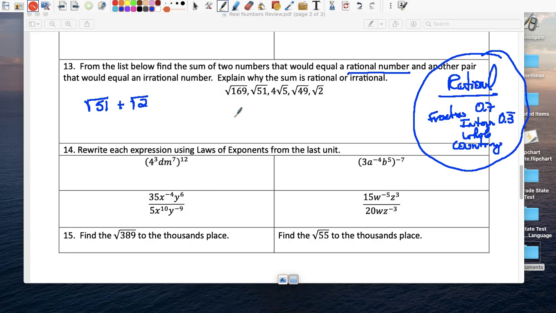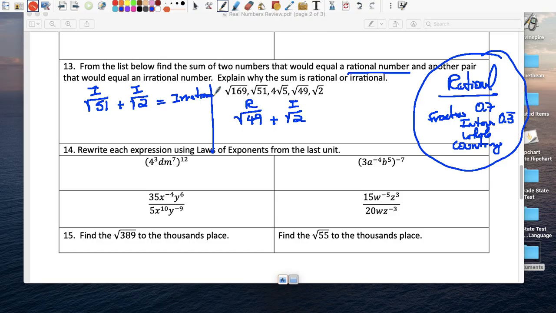Or you can pick something like this, a rational and an irrational. Either one. Well, let me write irrational plus another irrational, and then a rational plus an irrational. Let me show you why, and maybe you can use it as your explanation. So why is an irrational plus an irrational still an irrational, which gives me an irrational number?